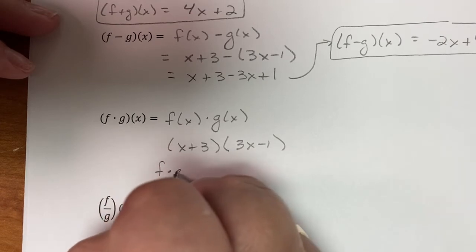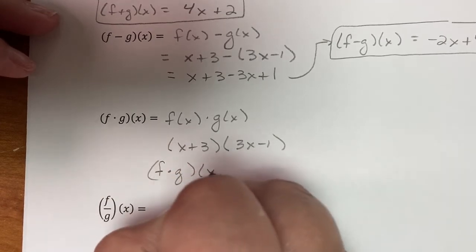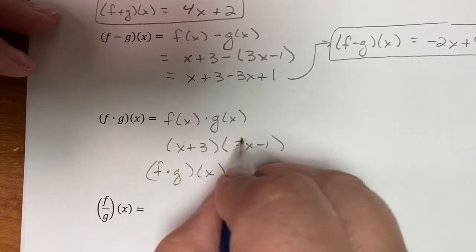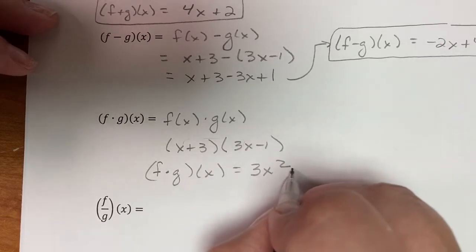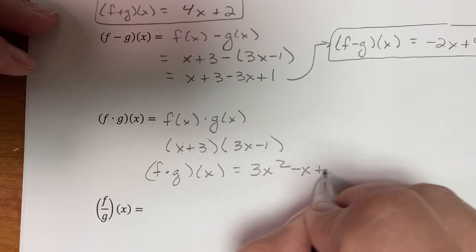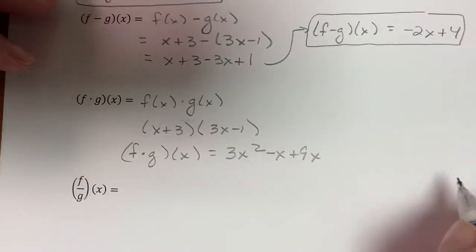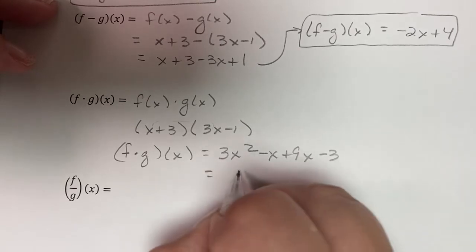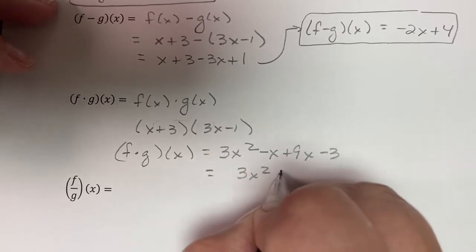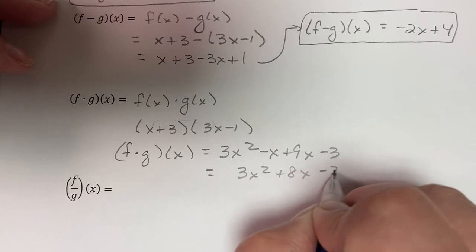So my f times g of x function would be 3x squared. Outside I get negative x, inside I get plus 9x, and L is going to be negative 3. So that's going to be 3x squared plus 8x minus 3.